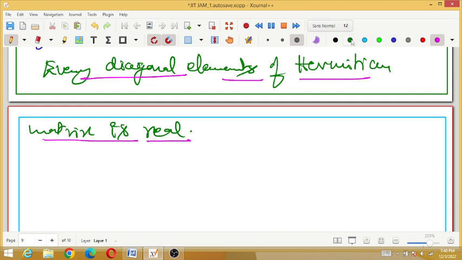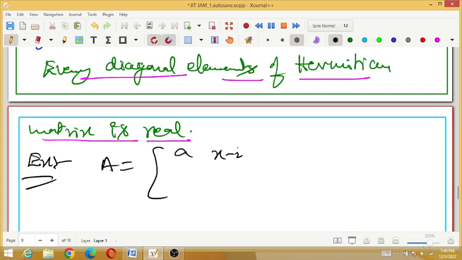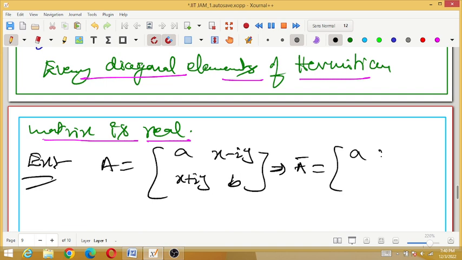Example, see here. A is equal to [a, x minus iy; x plus iy, b]. Next is conjugate: a, x plus iy, next x plus iy conjugate is x minus iy, b.